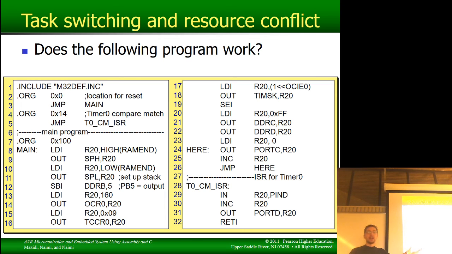This is, by the way, how I analyze programs. I kind of jump around looking for interesting bits. So I see timer 0 compare match ISR. Okay, that matches up there. I look for CTC mode. In the output compare value, I put 160. So every 161 cycles, something's going to happen. Every 161 cycles, we're going to output this. And what else do we have?